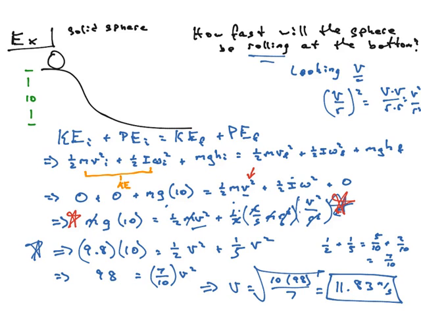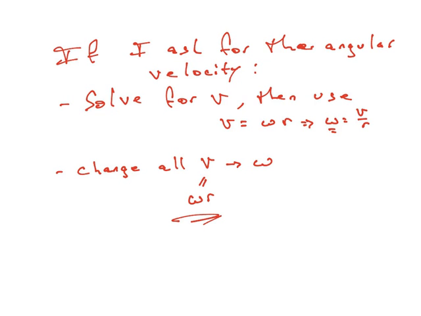If you don't want to worry about, well, if I want omega, I have to do this other thing, then just do it this way, which is this first option. Solve it like we did this example. Solve for your V, get V, even though you don't care what V is. And then once you have your V, calculate omega from it. Divide it by R, that gives you omega.